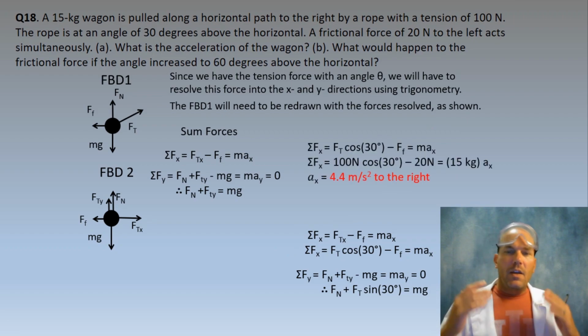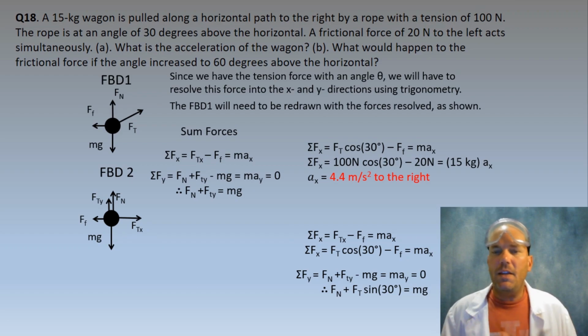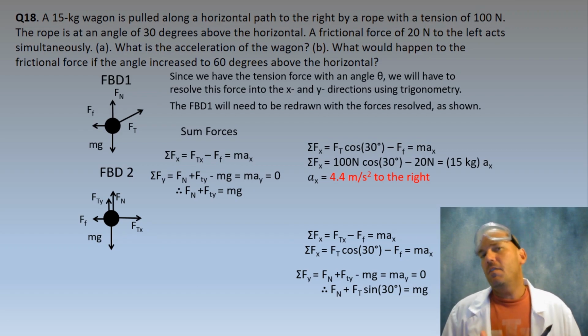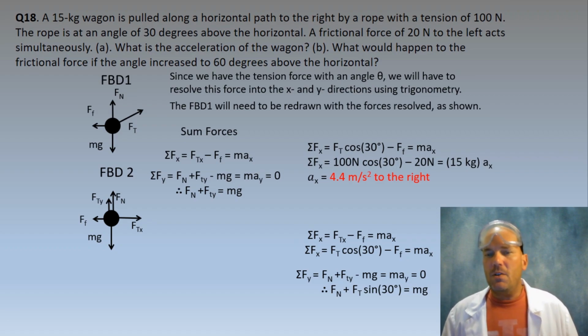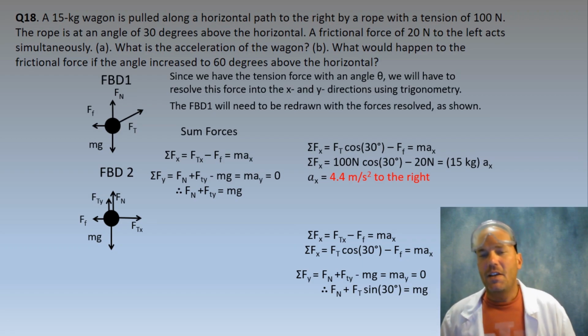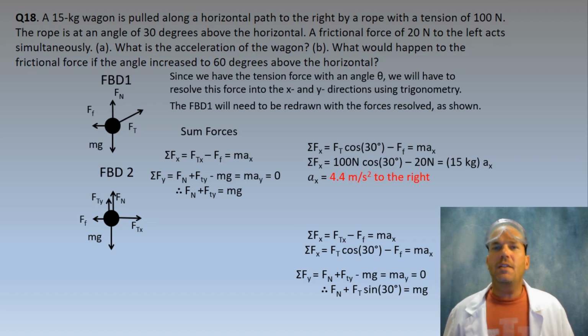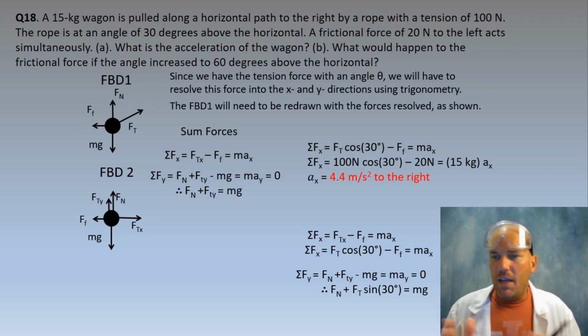So when we plug in numbers here for the horizontal, we end up getting an acceleration of positive 4.4 meters per second squared to the right. Okay, so all we've done there is plug in our values from the trigonometry, and we knew the mass, and that gives us the acceleration horizontally.